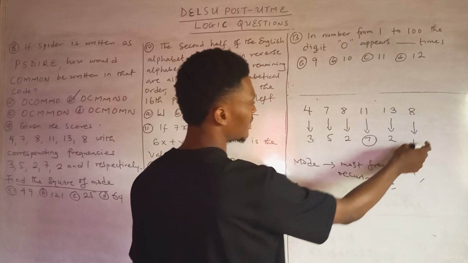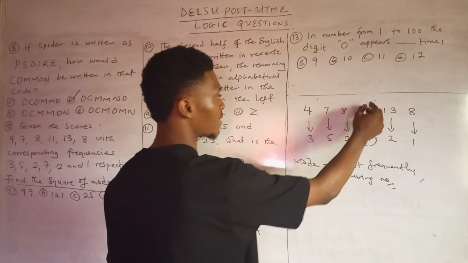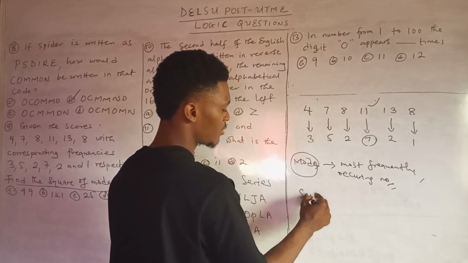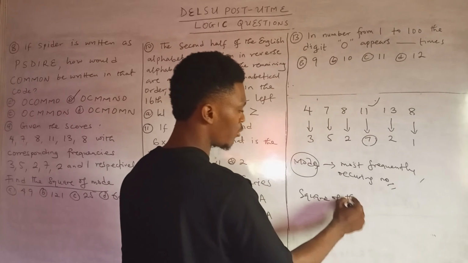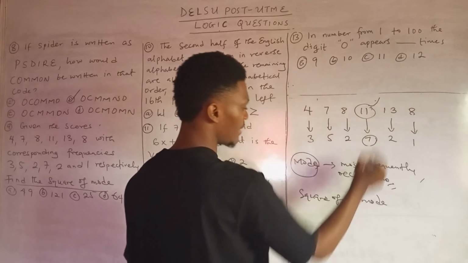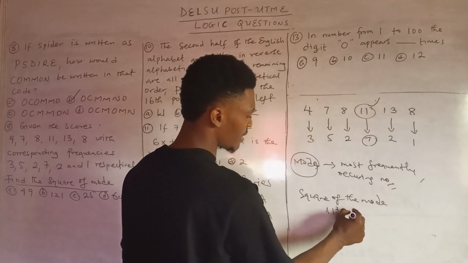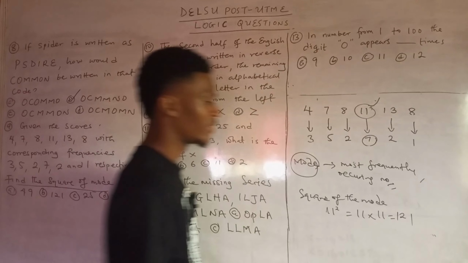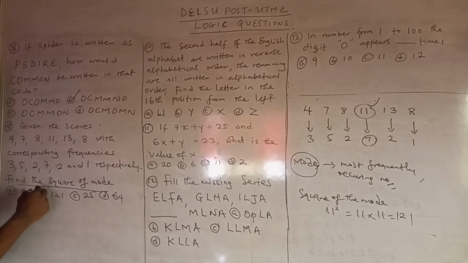And 13 is 2 times. Then 8 is 1. So it means the one that occurs the most is what? 11. So now they were asking for the square of the mode. And of course, the modal number is 11. So it becomes 11 squared, which is 11 times 11. That's 121. So the correct answer to that question is B.